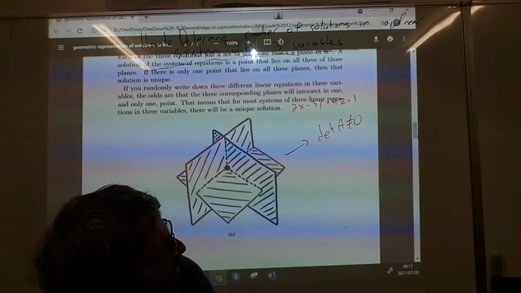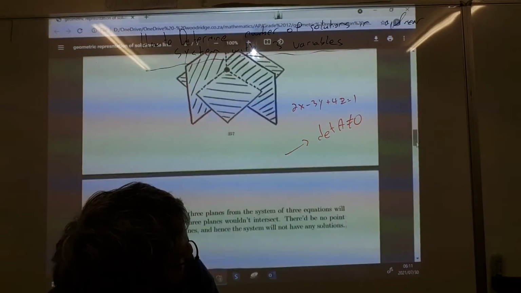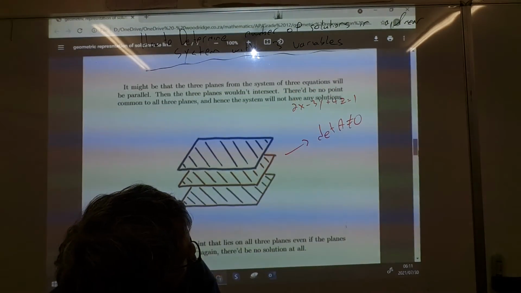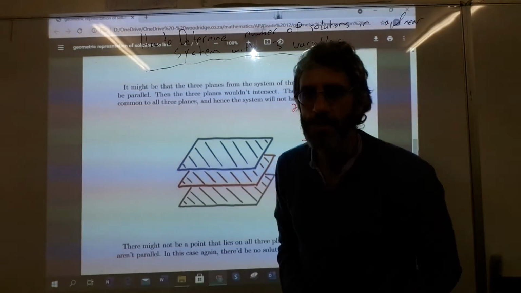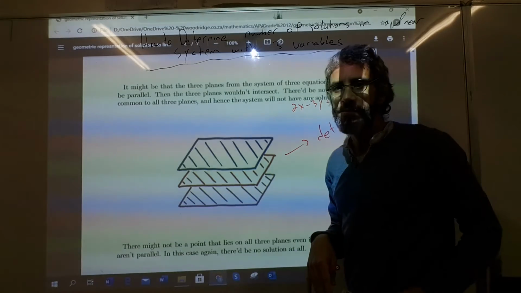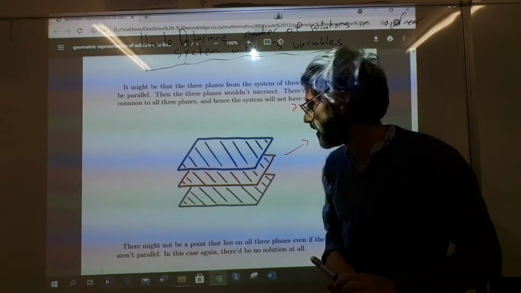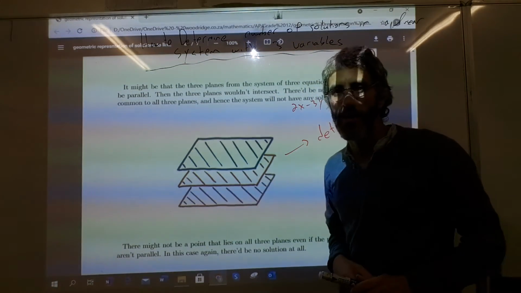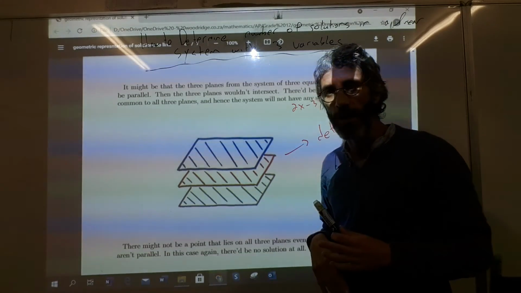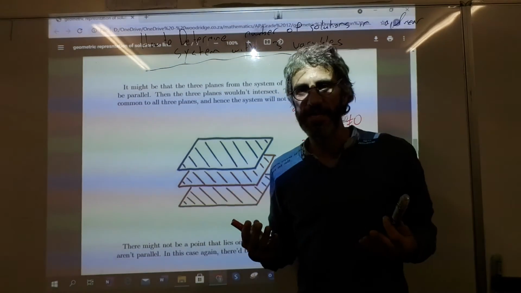Let's move on to our next possibility. In this case, we have 3 parallel planes. Each equation gives us a plane, but they're all parallel, so they're never going to intersect each other.